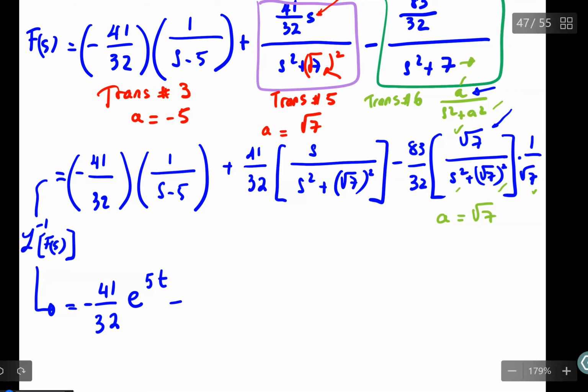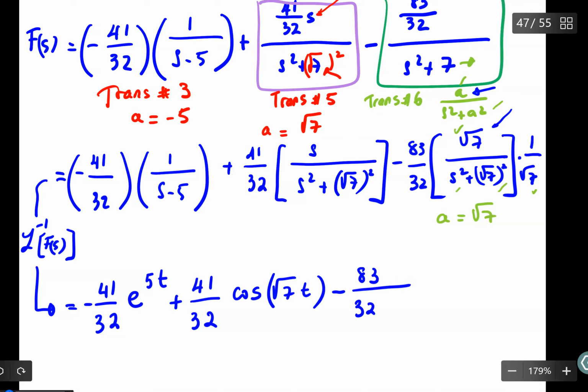The next one is adding 41 over 32 and I write cos of root 7t. And this one I should have subtract 83 over 32 times root 7, because you need to multiply these two, and inside this, I should write sine of root 7t.